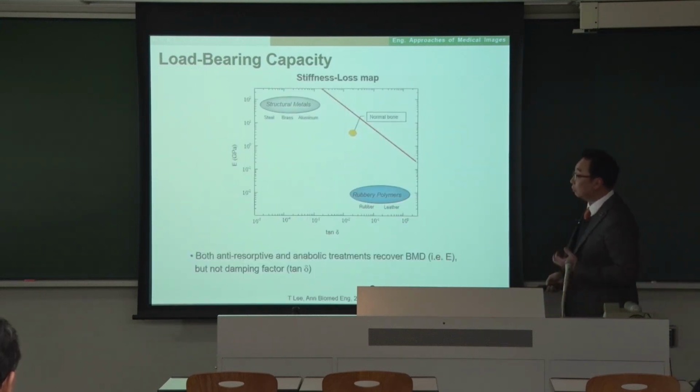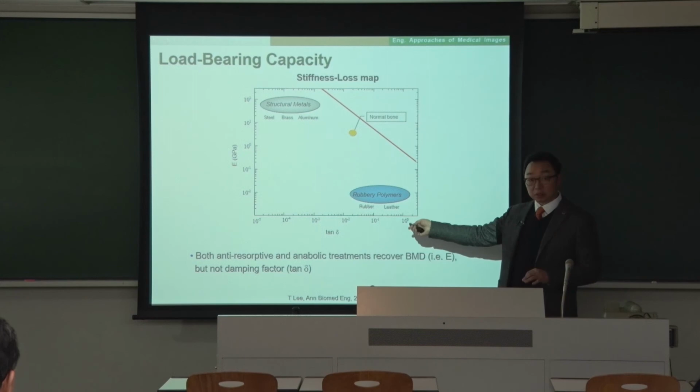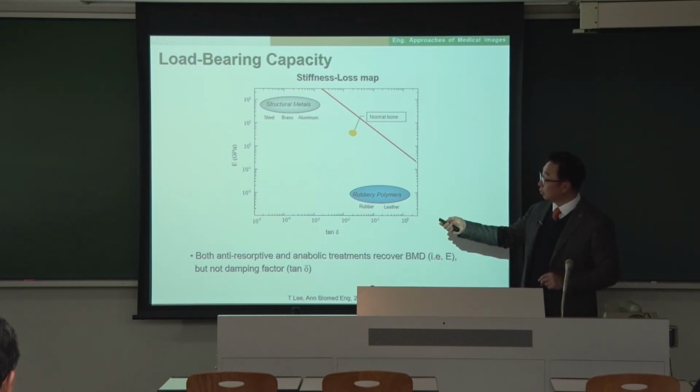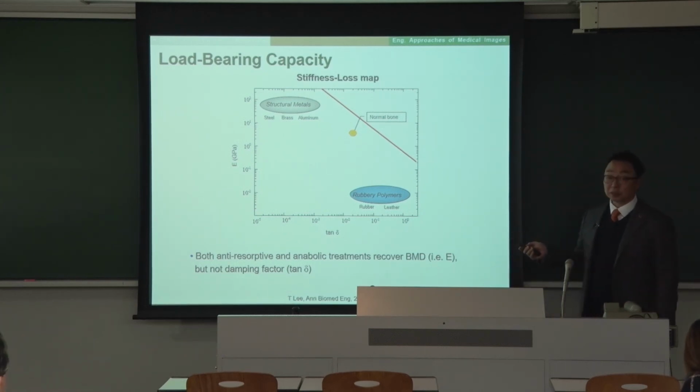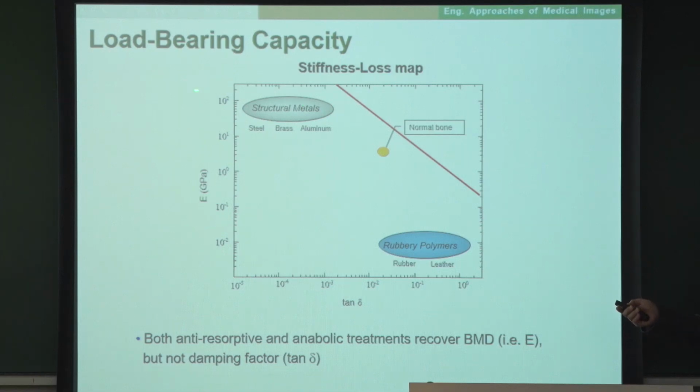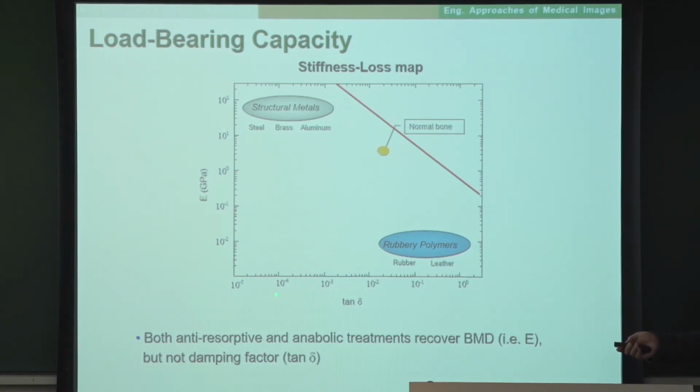What we get from the result using this DMA is this: the y-axis is the modulus in gigapascal, and x is tangent delta, the mechanical damping. Structural metals like steel, brass, or aluminum usually have a high modulus, but their damping is usually low. We know that, right?